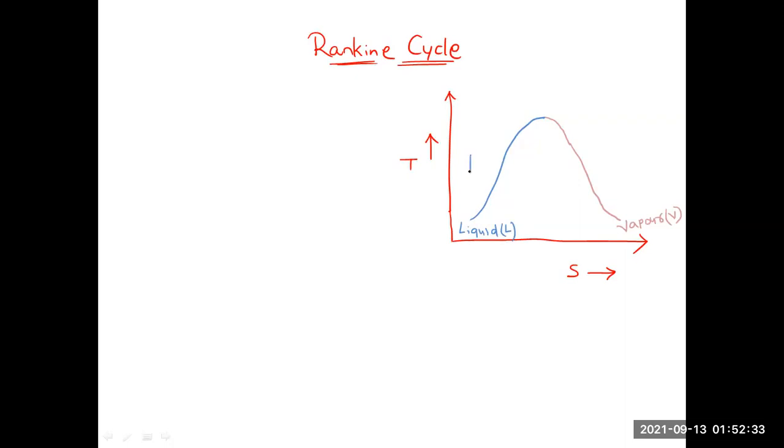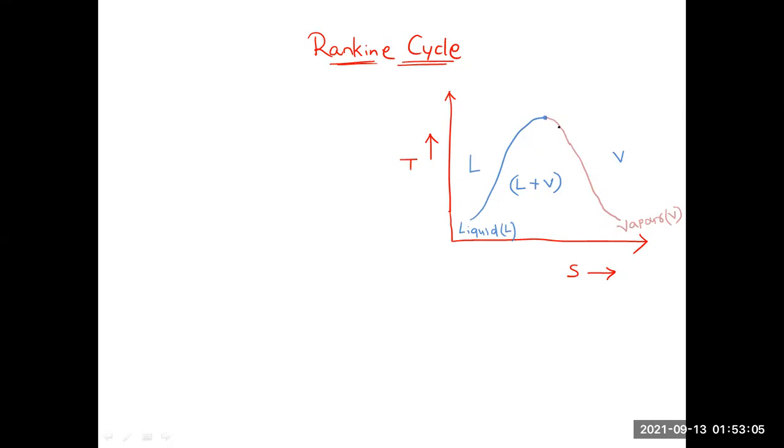Before this line, it is completely in the liquid stage, and after this line, it will be in the vapor stage. In between these 2 domains, we will get a mixture of liquid and vapor. Clear? So first we have to understand these two lines. This blue color line indicates the liquid phase. All the points on this blue line will be saturated liquid.